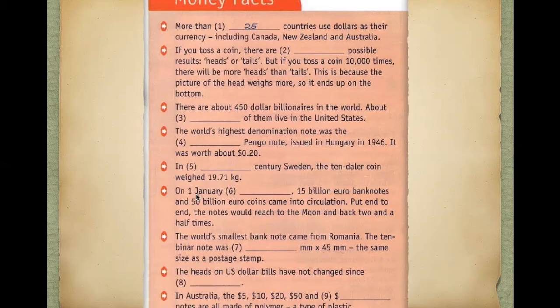On January the 1st, what year? 2002. Yes. On January the 1st, 2002, 50 billion euro banknotes and 50 billion euro coins came into circulation.